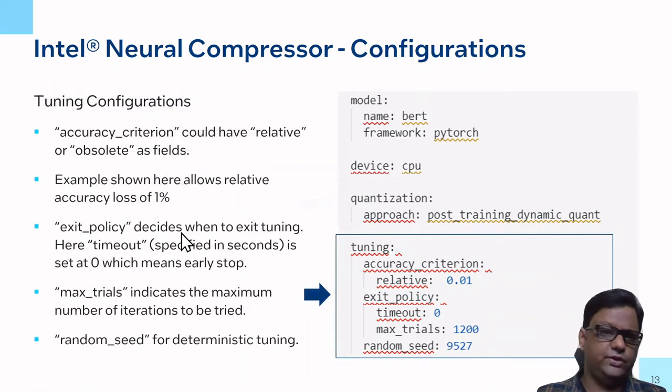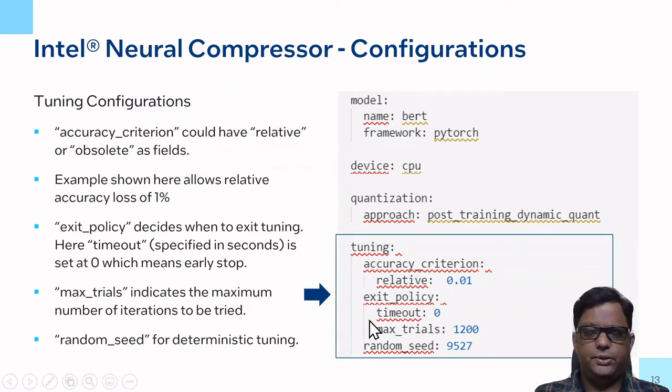Now, the third set of configurations that we have here are the tuning configurations. Here we want to set the thresholds, as in what is the limit that is acceptable in terms of the compromise that we are willing to take in terms of the accuracy, right? In this example, we are allowing a relative drop in accuracy of 1% when compared to the FP32 model. So that's what is being specified here.